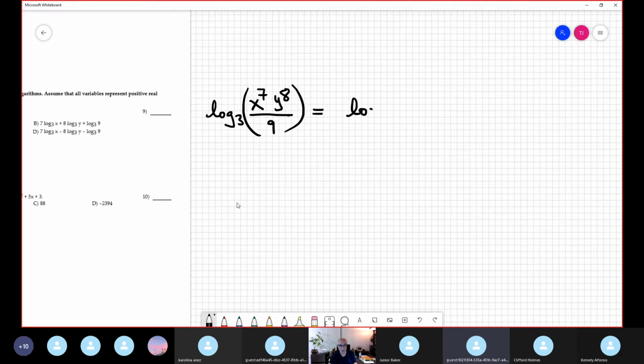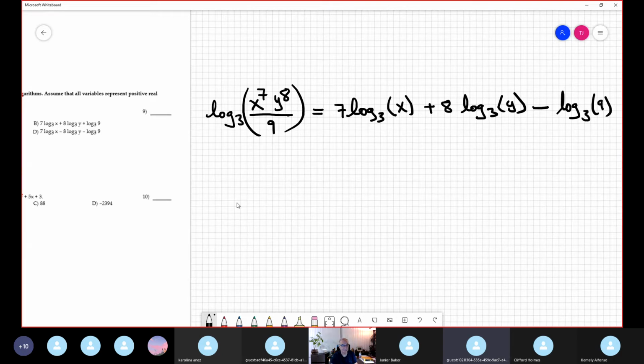Actually, it's logarithm base 3 of x with the 7 in front, plus logarithm base 3 of y, minus, because it's in the denominator, logarithm base 3 of 9. I don't know why they leave it like that.